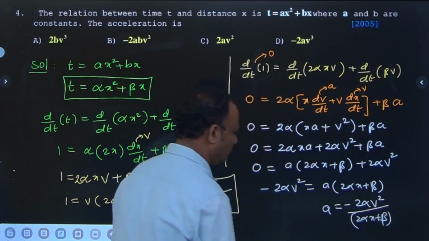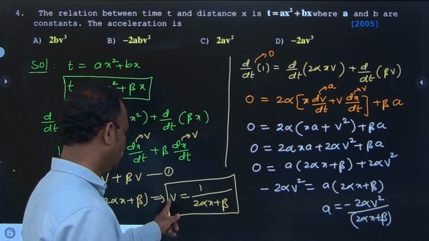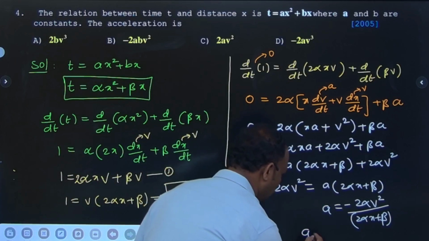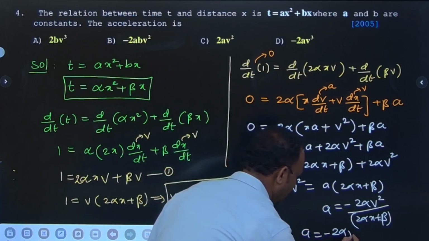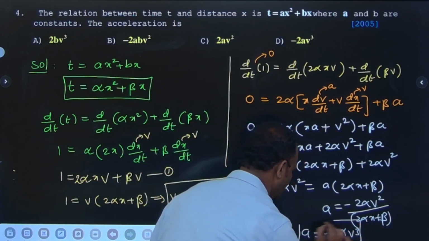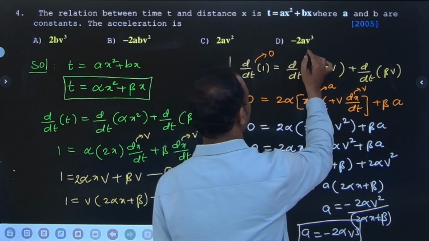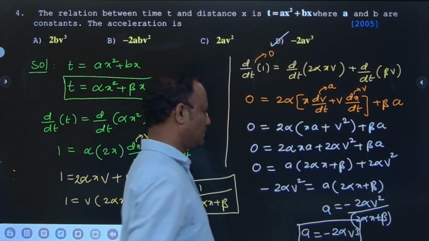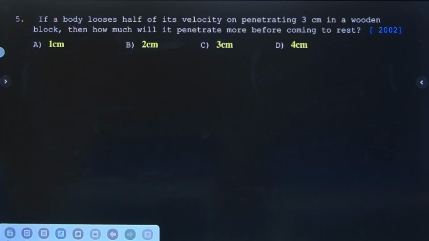Since 1 by 2 alpha x plus beta is v, a is equal to minus 2 alpha v cube. So option D is correct.